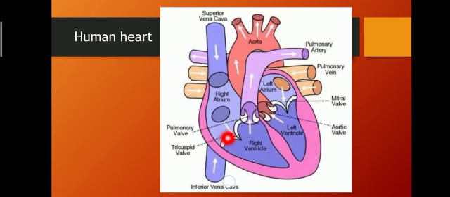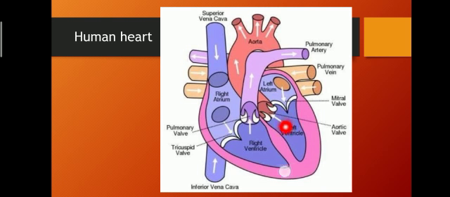Now, there are valves in these chambers which prevent the backflow of blood, that helps the blood to move in one direction. So first we'll be talking about tricuspid valve, which is present between right atrium and right ventricle. Then we'll be talking about bicuspid valve or mitral valve, which is present between left atrium and left ventricle.